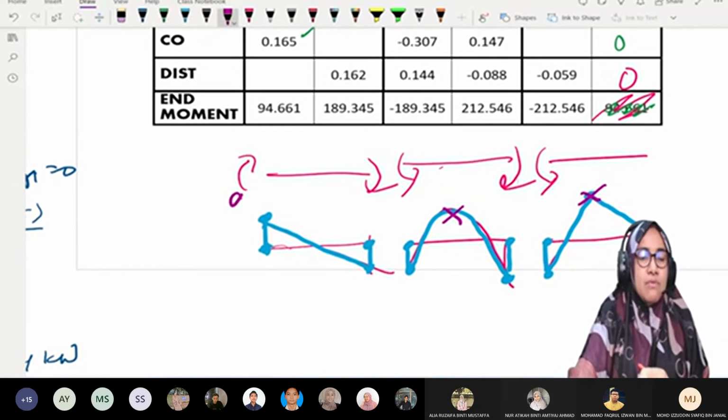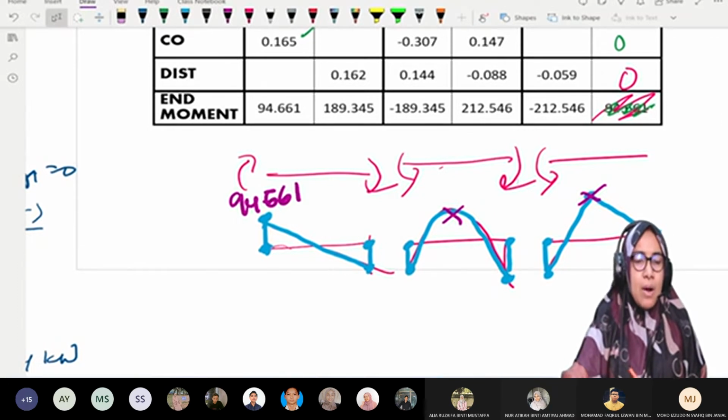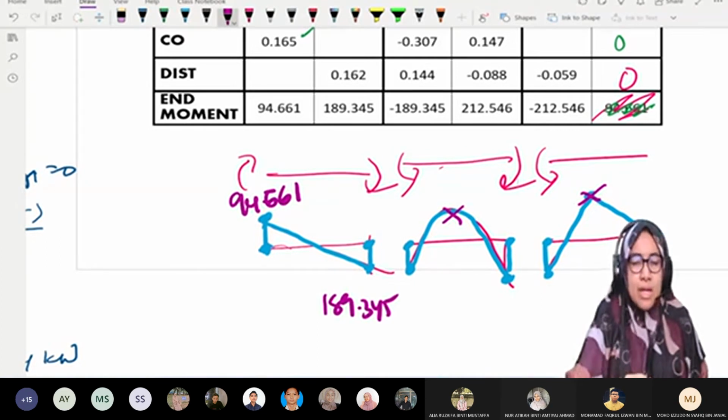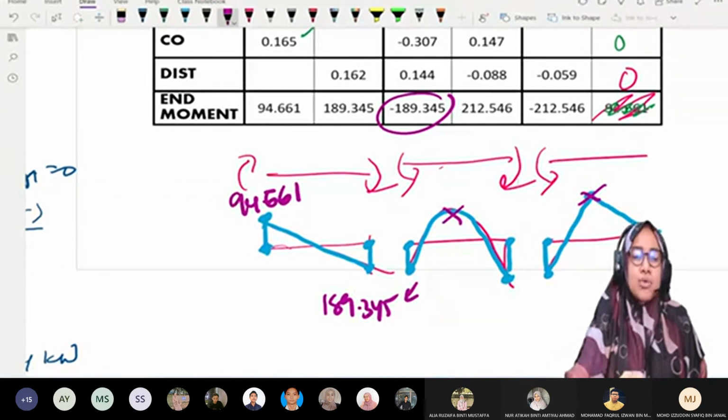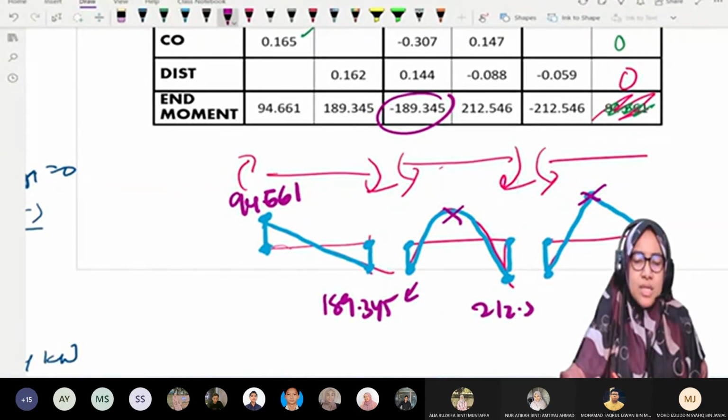For example, this is 94.667 tu. 661. Okay, yang bawah ni berapa nilai dia? 189.345. Yang satu lagi yang ni, yang nilai dia sama lah nilai ni kan. 212.546 for both lah, for both.